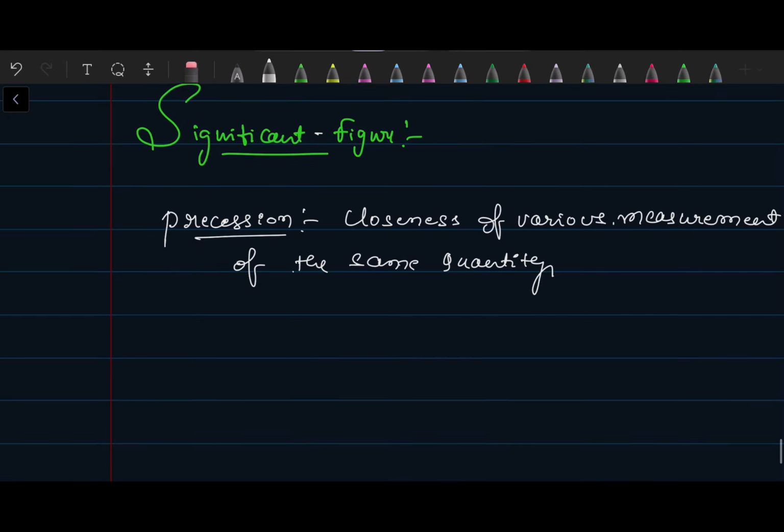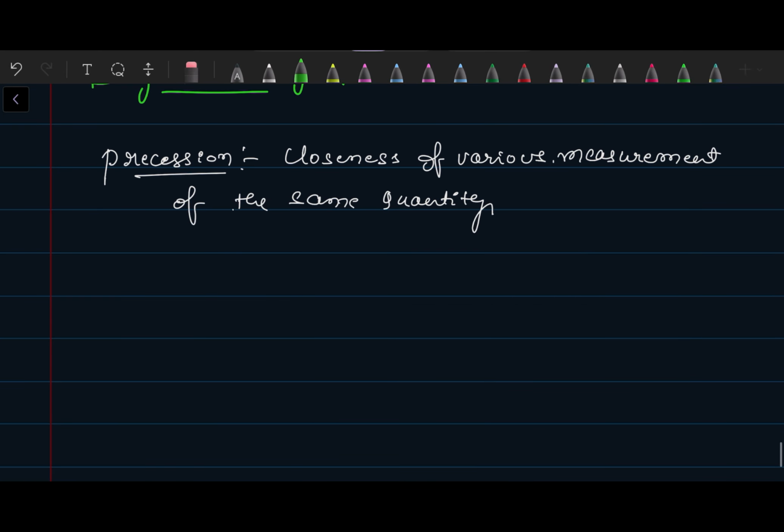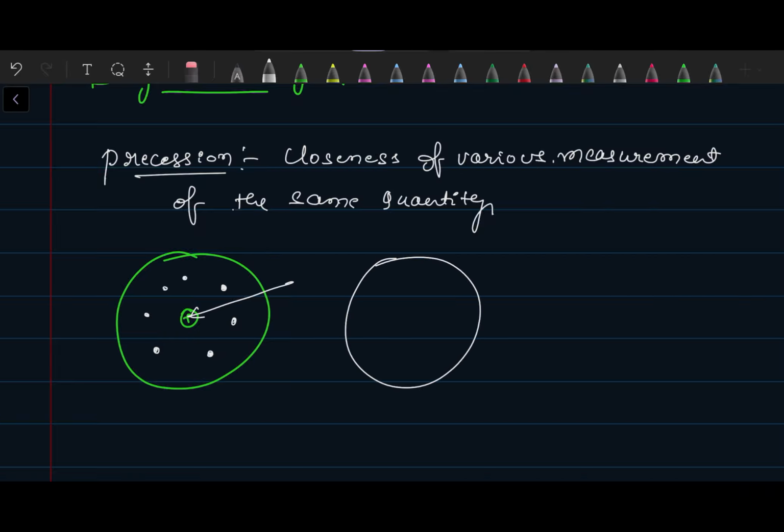It means we just need to understand, if it is our target, I just want to reach this target, but my positions are nearby this. This is one case. Another case, this is my target. If my positions every time are nearby each other, then here precision is very high.